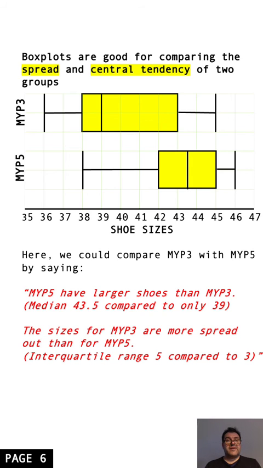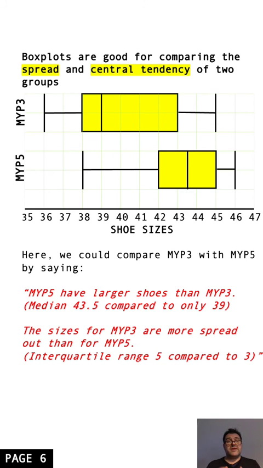The sizes for MYP3 are more spread out than for MYP5, an interquartile range of 5 compared to 3. And very often, exam questions are looking for you to do those 4 things that I've just done in the comment there.